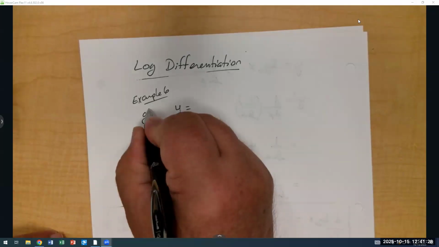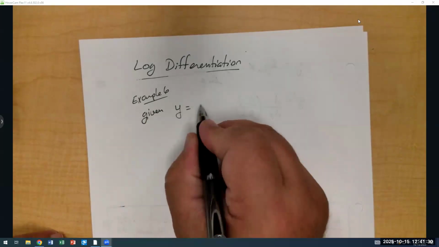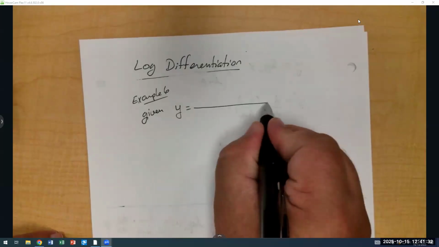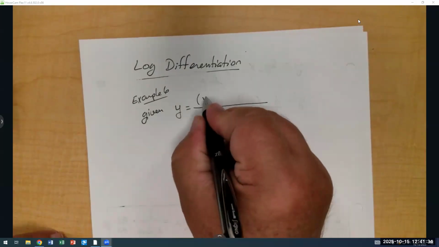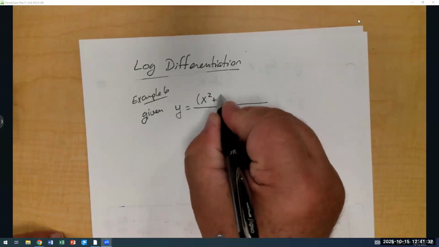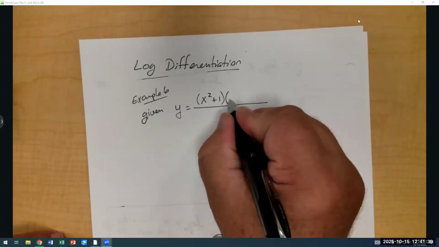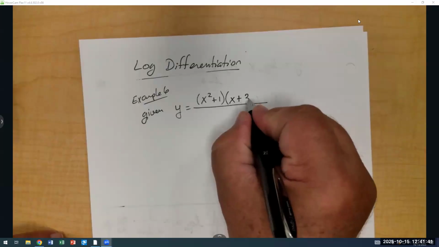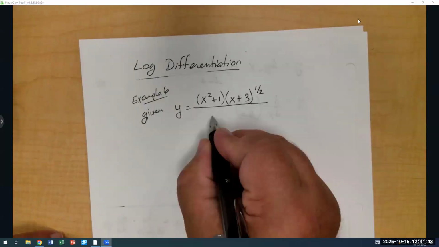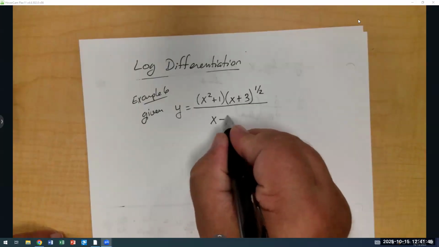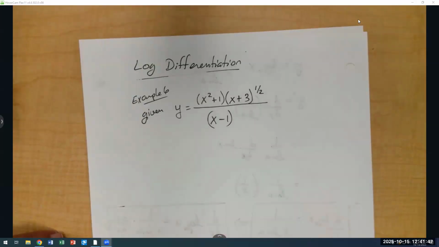Given x squared plus 1, times x plus 3 to the power 1/2, over x minus 1.